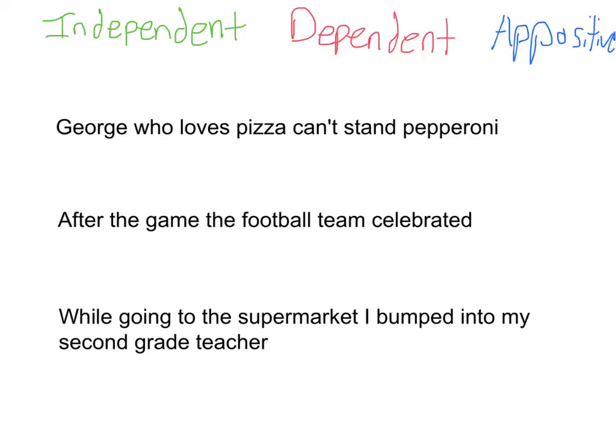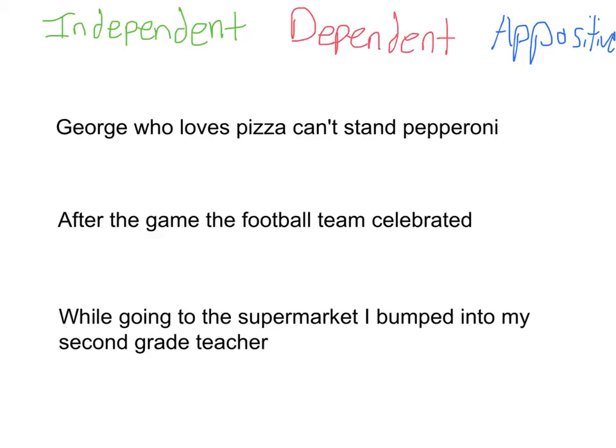Okay, so first sentence. George, who loves pizza, can't stand pepperoni. You can often hear where the commas should go. Don't forget, you're expected to be able to maybe write a sentence that uses these, and you'll have to label them with colors. I'll have color pens available for you.